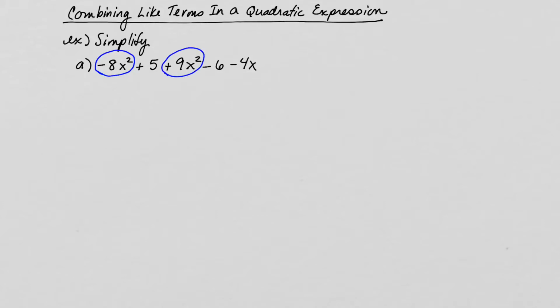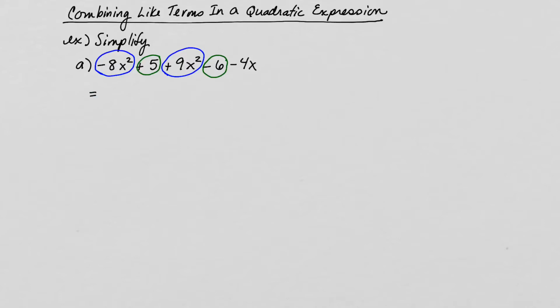Those are like terms. Both of them have an x, and both of them have a squared power. If I look for other like terms here, there's a positive 5, that's just a number all by itself, and a negative 6, which is also just a number all by itself. And so those I can combine together again.